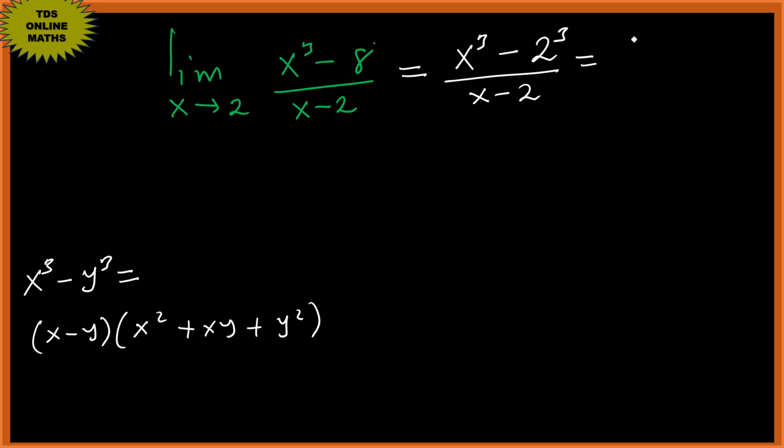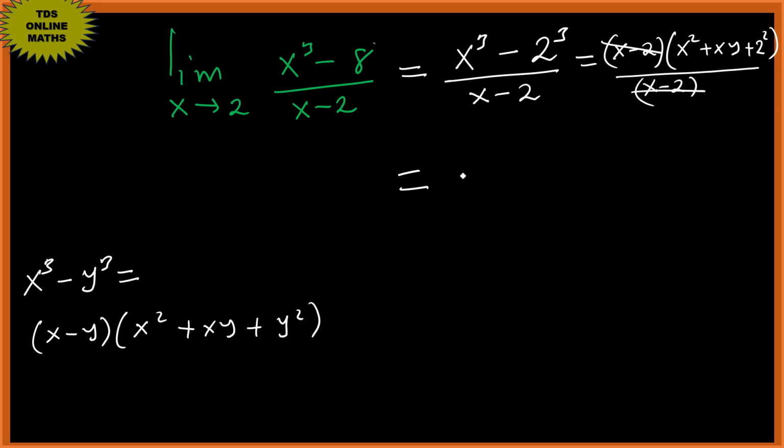Now what are we seeing? We are seeing x cubed, something to the power 3, minus something to the power 3. So we have (x minus 2) times (x squared plus xy plus 2 squared), over x minus 2. We can do our cancellation.